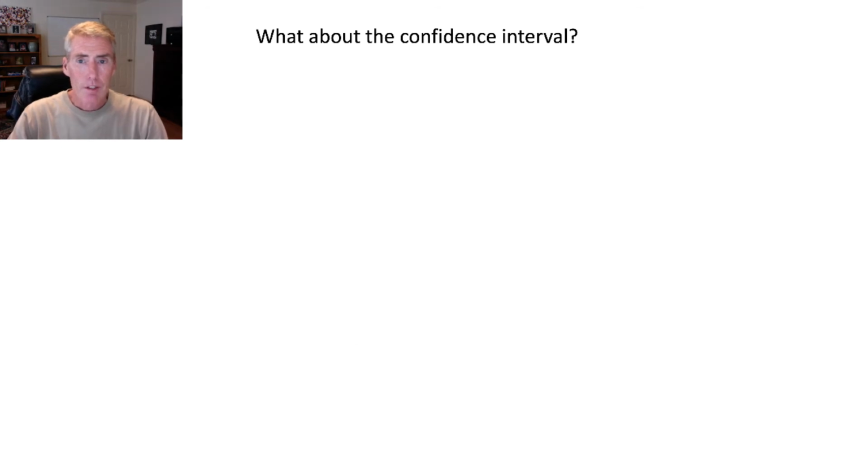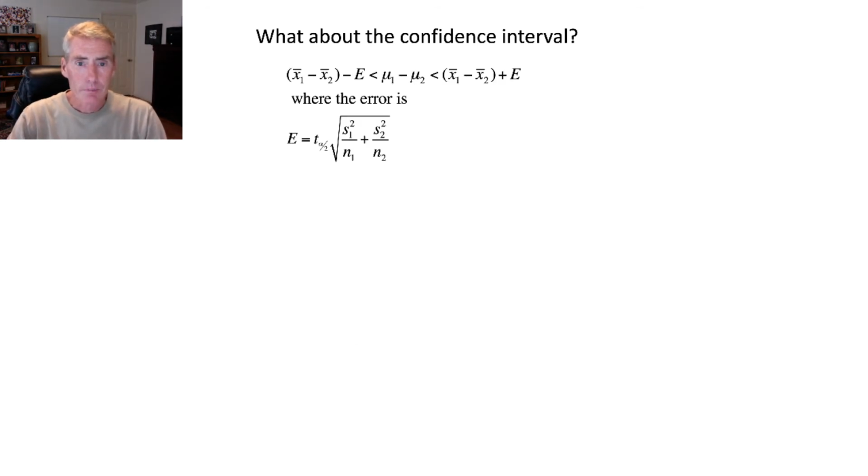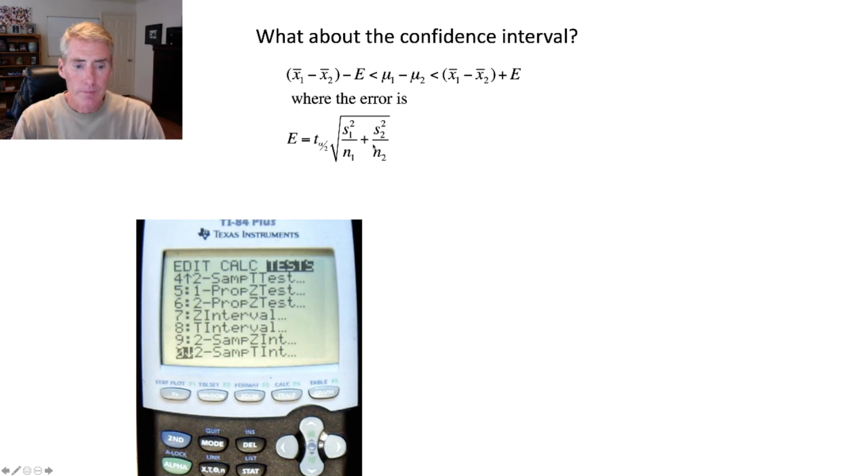And then what about the confidence interval? So you could use the formula and calculate the error using the critical value from table A3, and then use their standard deviation, etc. Or you could use the calculator. So you'll need to go to Stat, Tests, and then the two sample t interval.